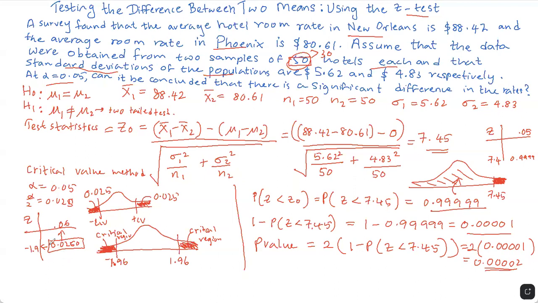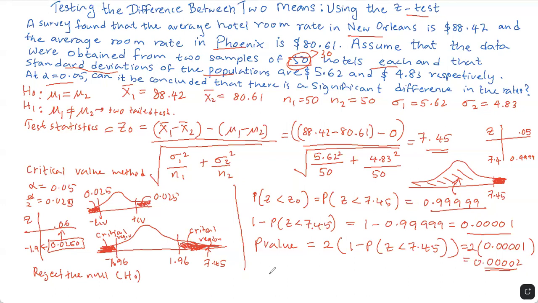So let's make the decision. Look at the z naught. The test statistic value is 7.45. As you can see, it falls somewhere around here, so it's in the critical region. So z naught falls in the critical region, and therefore we reject the null H naught.